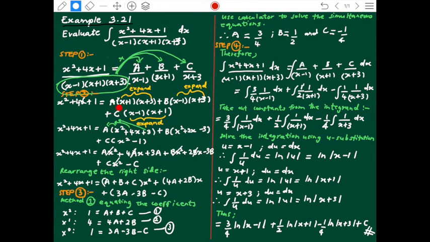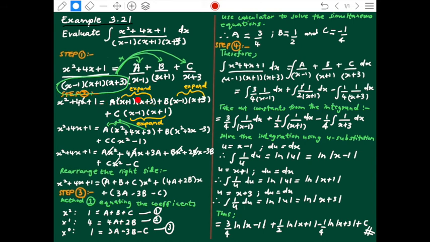So what's left is a times (x plus 1)(x plus 3). The same thing goes to component b and c here. b has the common factor of x plus 1, so it can be cancelled out. What's left is b times (x minus 1)(x plus 3). Okay, same goes to c.